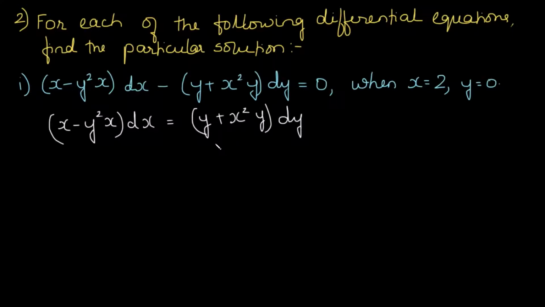Now next we observe that x is common in the LHS bracket term and y is common on the RHS. So let us take x out of the bracket. So we get x(1 − y²) dx, which is equal to y common over here, y(1 + x²) dy.